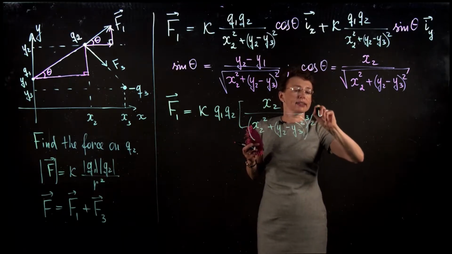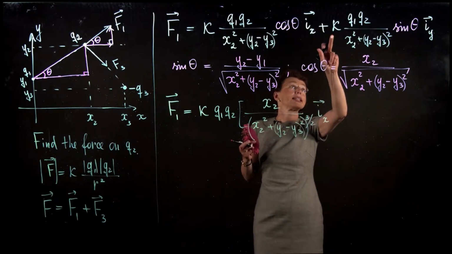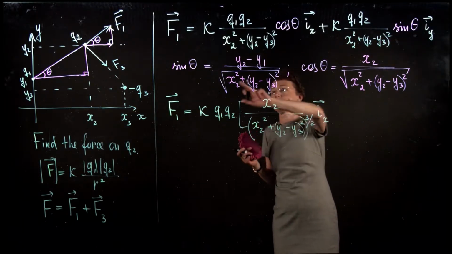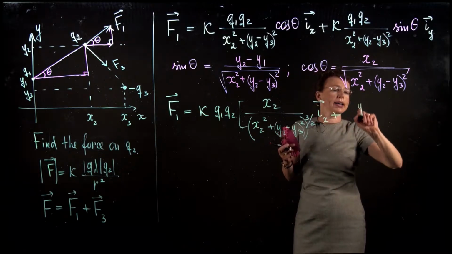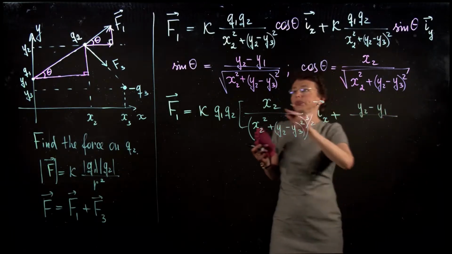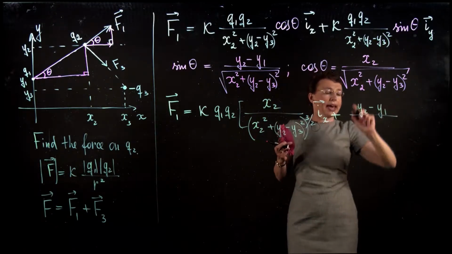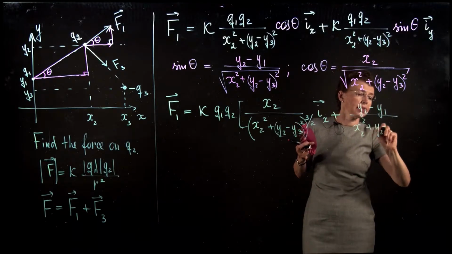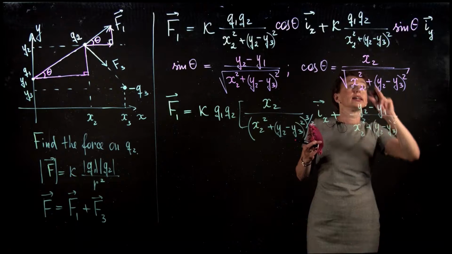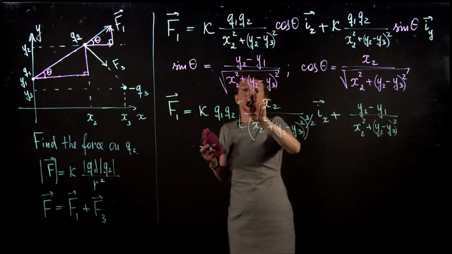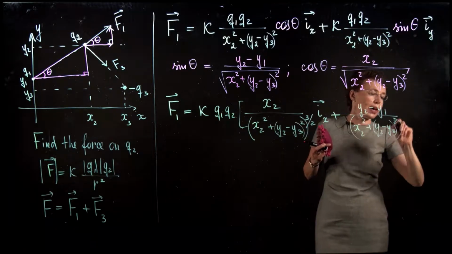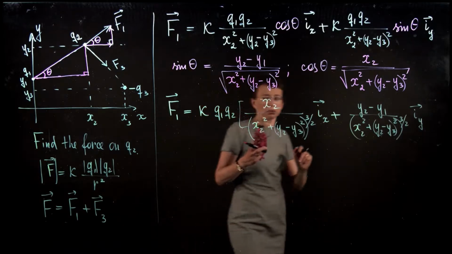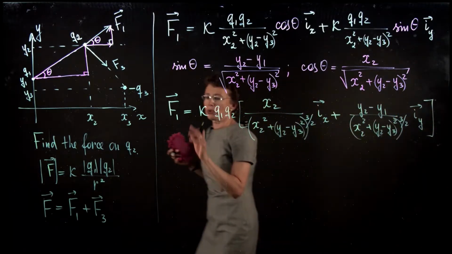And this is Ix plus sine theta, k, q1, q2 is already here, sine theta is here, so it is y2 minus y1 divided by x2 squared plus y2 minus y3 squared to 1, and square root of the same guy from sine will bring me to 3/2. And this is Iy. And we close brackets. So this is F1.